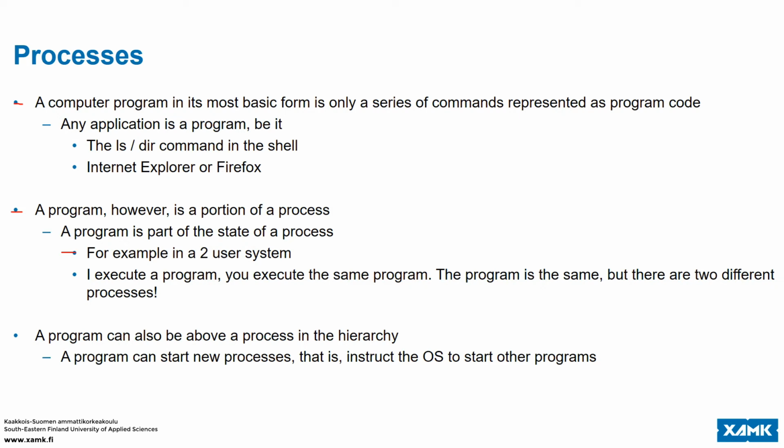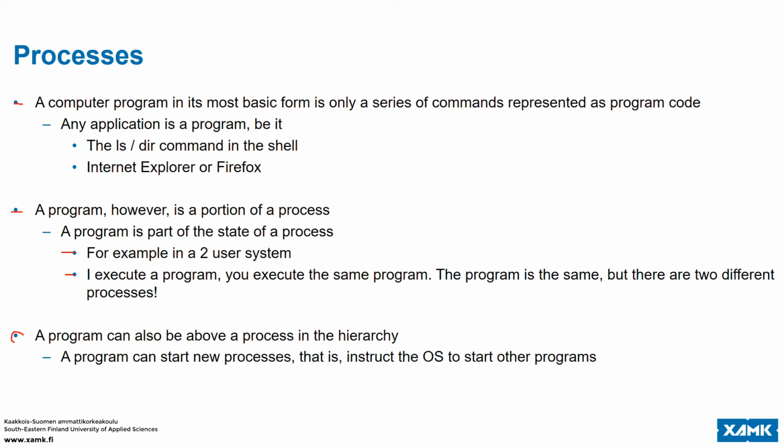If user number one executes some program and then user number two comes along some time later and executes the same program, they're using the same program, but of course these users' actions usually do not affect each other. So you would say that these users are running the same program, but they are running two different processes. Well, at least this is how it would work in a sane multi-user modern operating system.